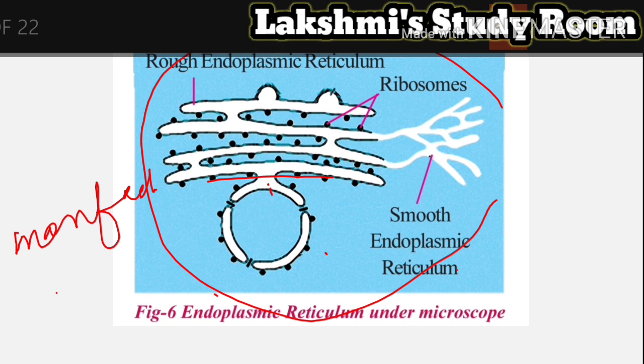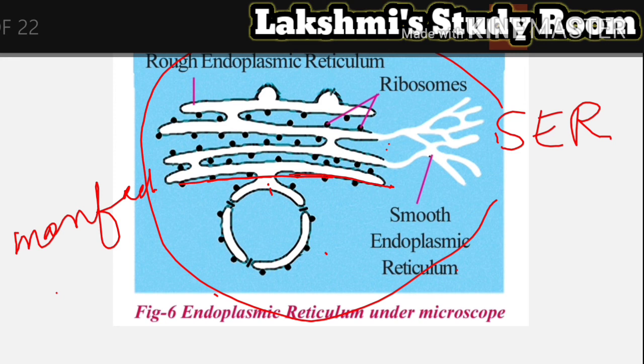Another function is providing a surface for some of the biochemical activities of the cell. For example, in vertebrates, the liver cells have SER. The SER plays a crucial role in detoxifying many poisons and drugs. So these are the functions of the endoplasmic reticulum.